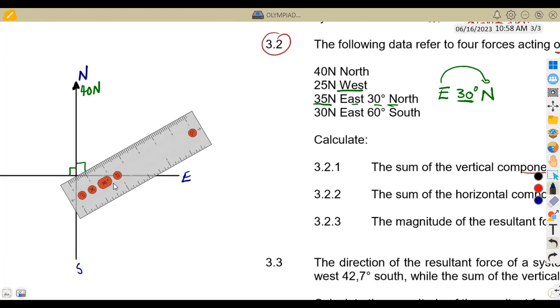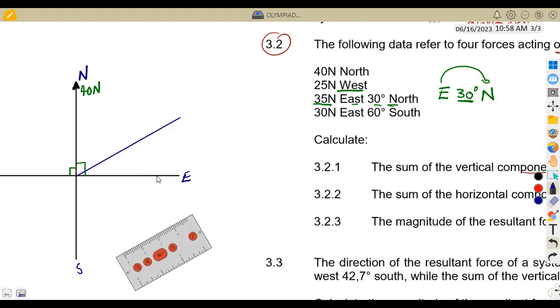This is where we are approximating to have our 30 degrees from the east going to the north. This is the angle that we are going to have from the east going to the north, an angle of 30 degrees. This force we are given as 35 Newton.